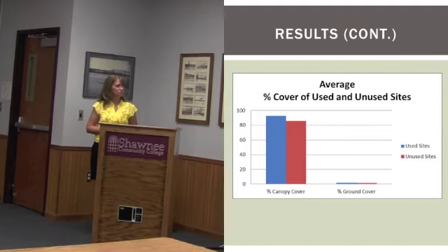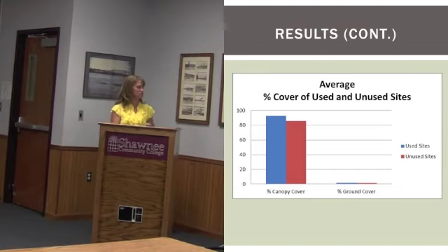In our unused site, the canopy cover should have been more, and the ground cover in our used site should have been a lot more. Because of the circumstances, you would have to do this experiment several times, I think, to get accurate data.